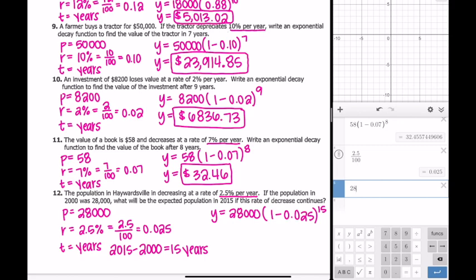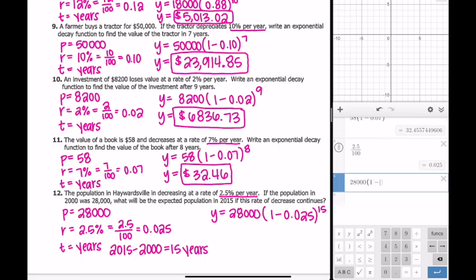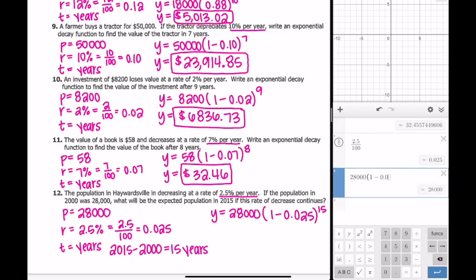All right, so 28,000 times 1 minus 0.025 raised to the power 15. So that is 19,153 people, because we're talking about people, so that 0.5 is going to round it up to 153.